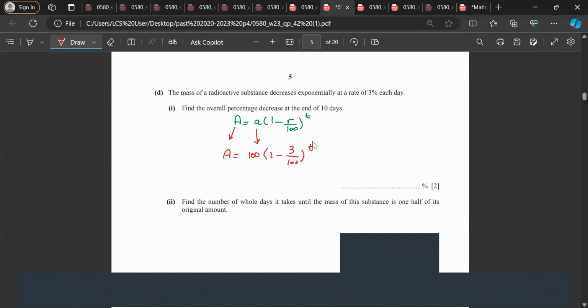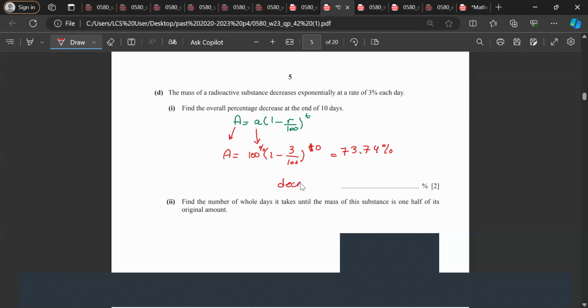Let's do it on the calculator. 1 minus this, power 10, because he said 10 days, multiplied by 100. It will be 73.74%. So it was 100%, it became 73.74%.